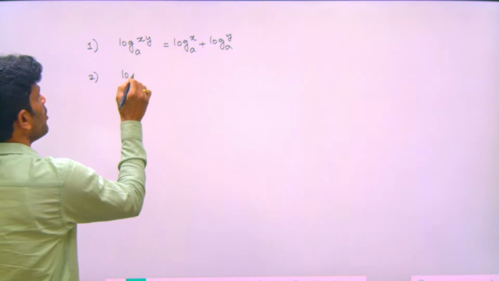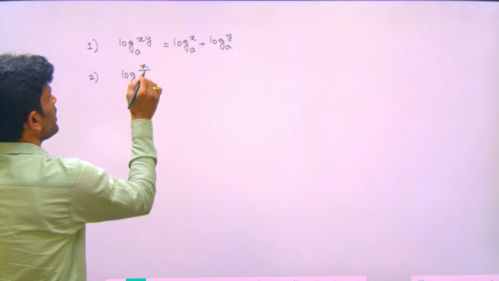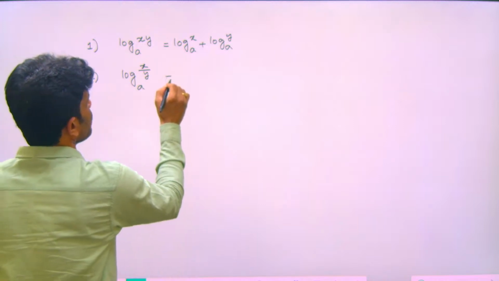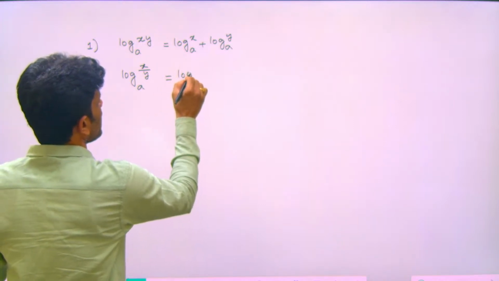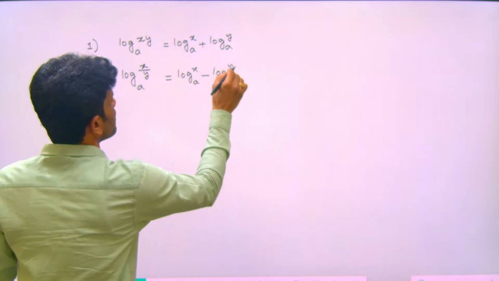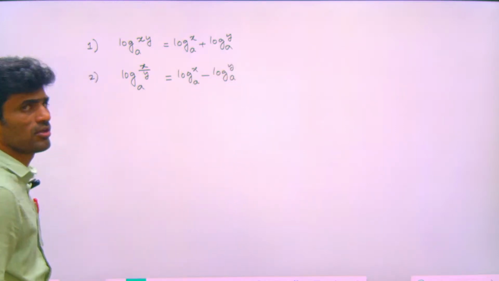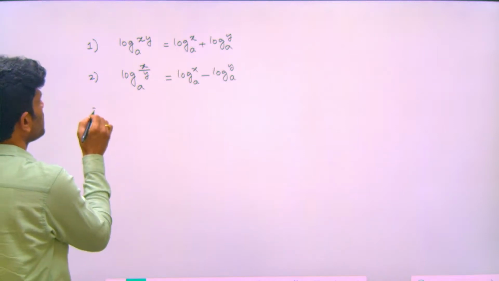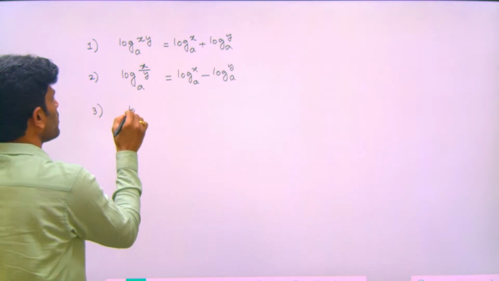Second one, log of x by y to the base a is equal to log x to the base a minus log y to the base a. This is the quotient law of logarithms. One more, third, these three are very important.